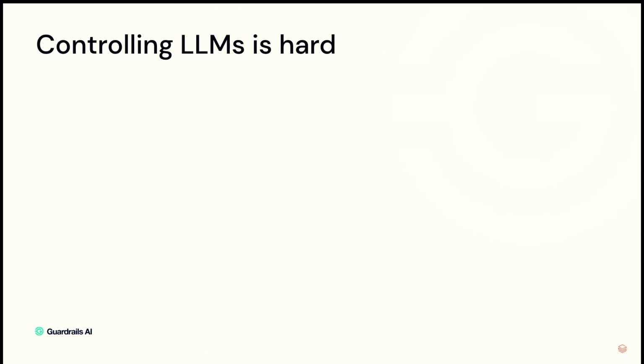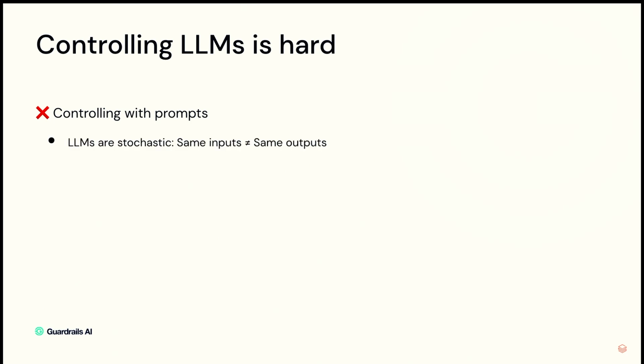So there are 3 ways or 3 strategies that people have about how we can make this happen. The first is controlling the LLM with prompts. This is the most common strategy that is out there, but there are many issues with this. The first is that LLMs are fundamentally stochastic. So the same input does not guarantee that you're going to see the same output.